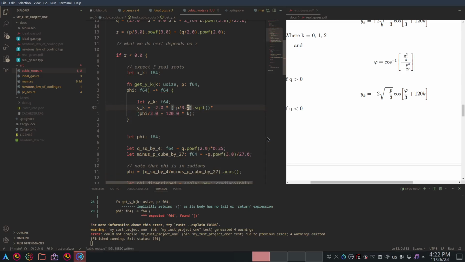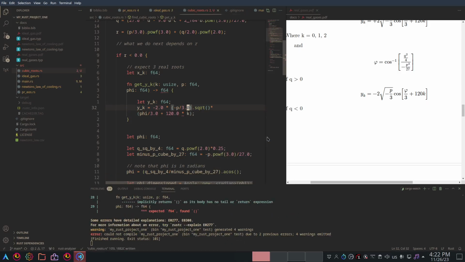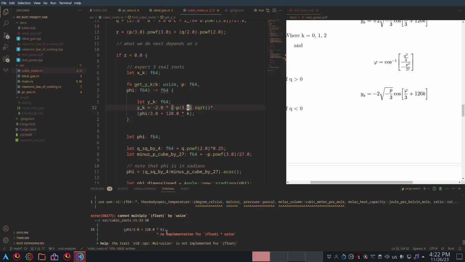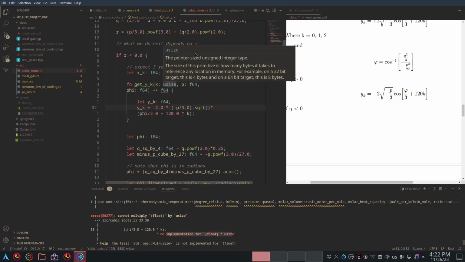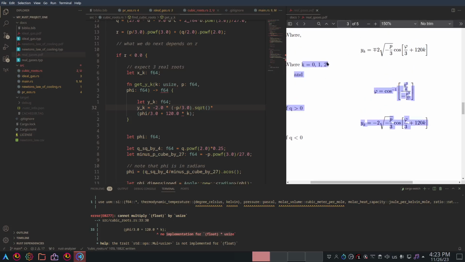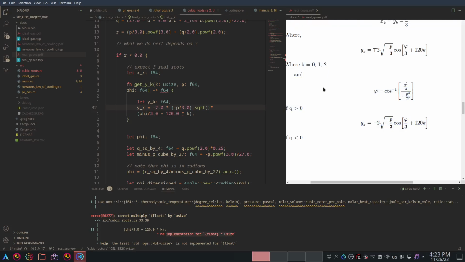Okay, this is going to be a problem because we cannot multiply a float by a usize. A usize is an unsigned integer, meaning to say there's no minus over here. And true enough, we can use this to represent k because k is not negative, so we can use unsigned integers. So 120 times k cannot be used, so I need to convert this to an f64.